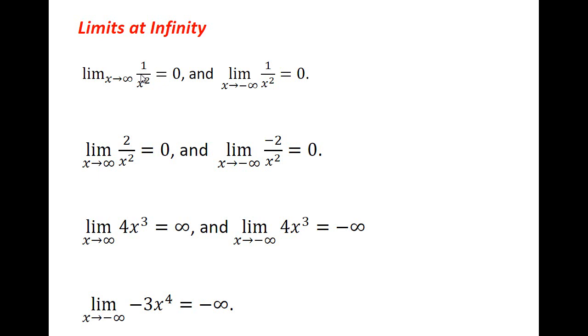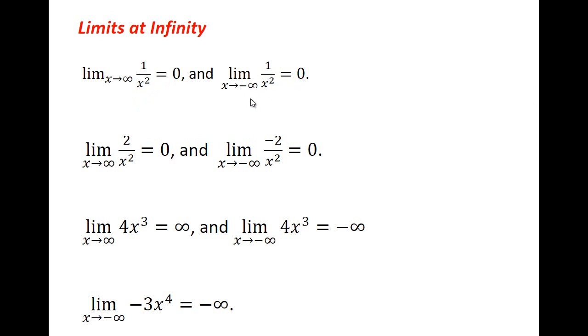If I pick x to be 10 to the power 2, then obviously this fraction would be less than 0.0001. So I can make this fraction as small and close to 0 as I desire simply by choosing x big enough.